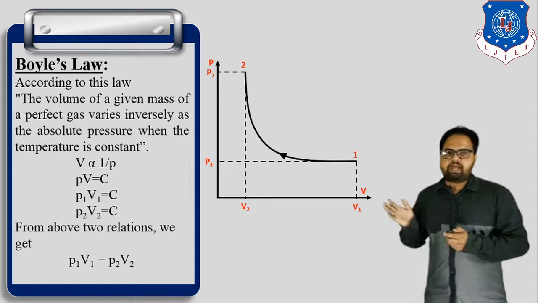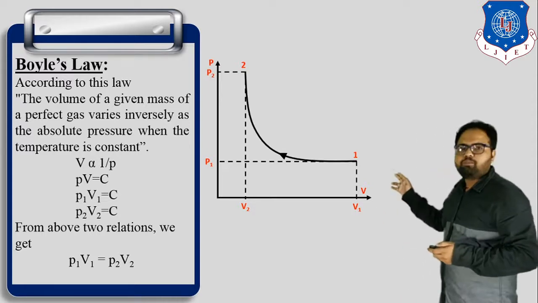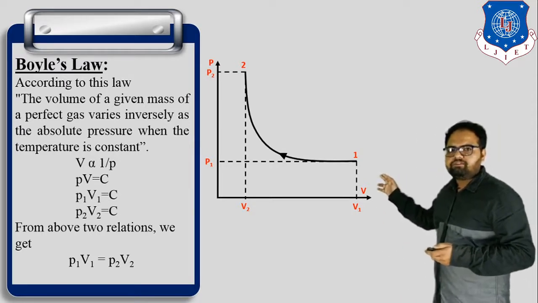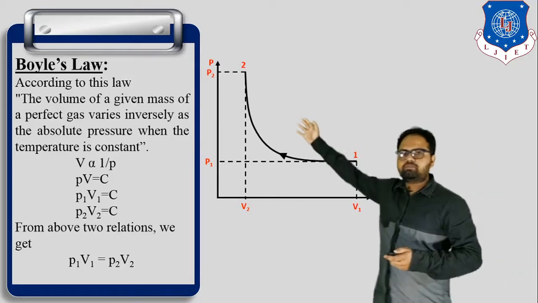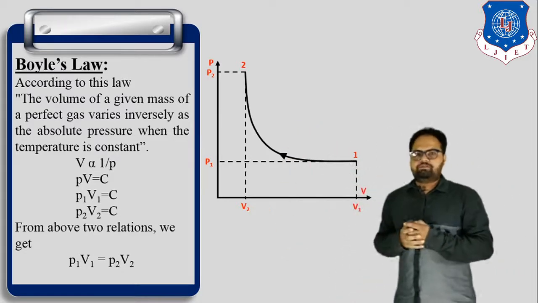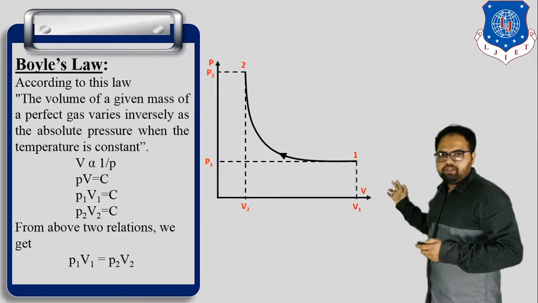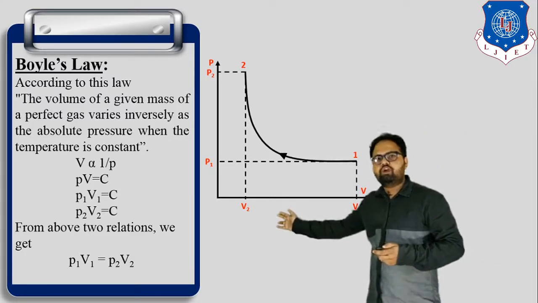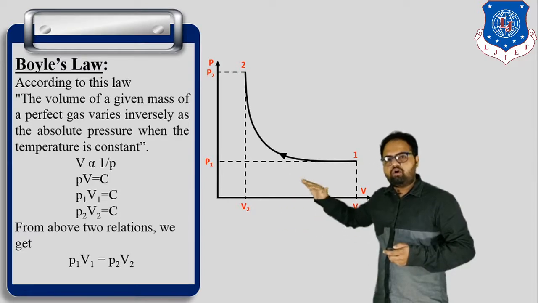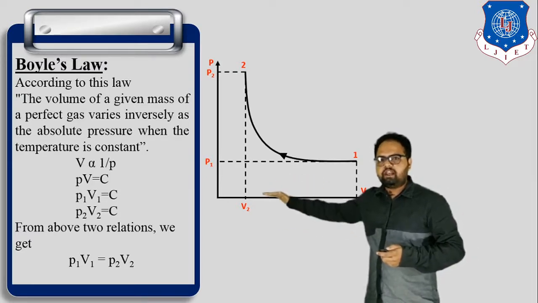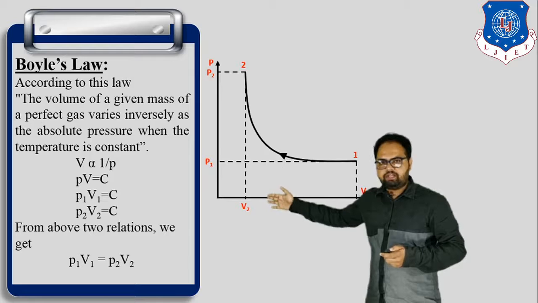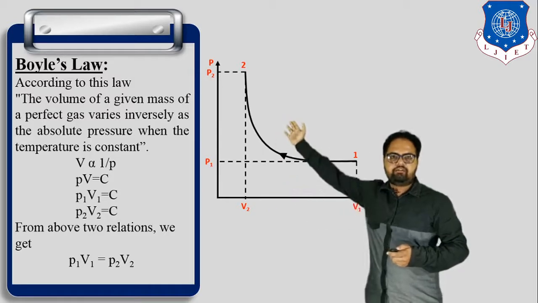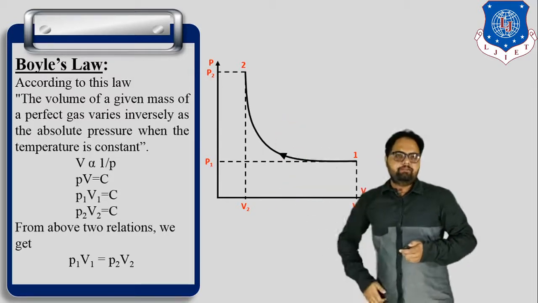Here in the PV diagram you can see that this is point number 1, the initial state, and this is point number 2, the final state. At point number 1 we get volume V1, at point number 2 we get volume V2. Similarly on the P side, when we trace that line, we get point P1, and at the second point we get P2.